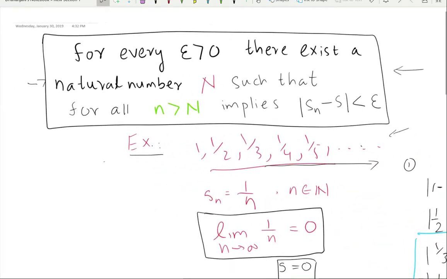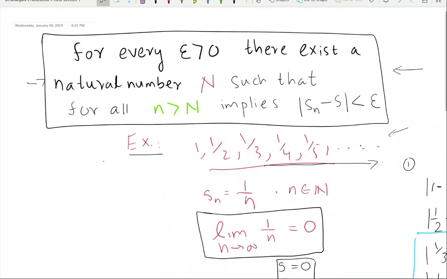Now let's look at the definition. The definition says the same thing, but instead of using numbers, it uses letters. For every epsilon greater than 0, that's the accuracy that we choose, 0.01, 0.001, 0.3, 0.5.